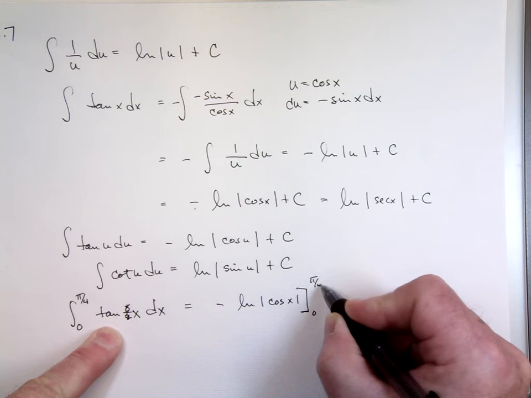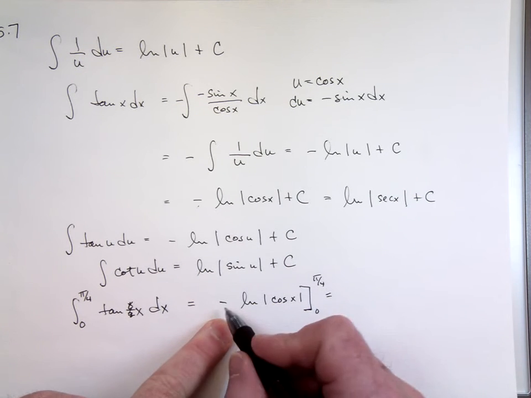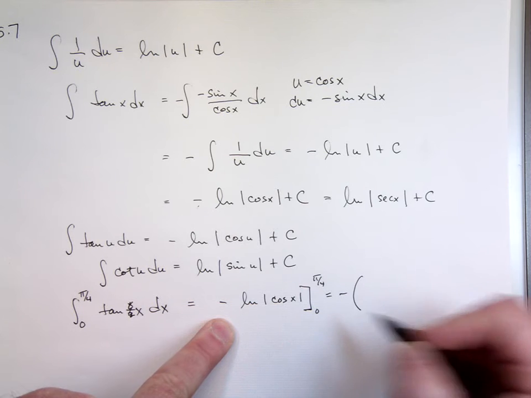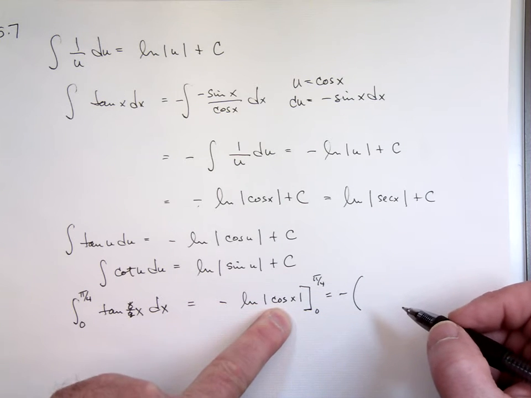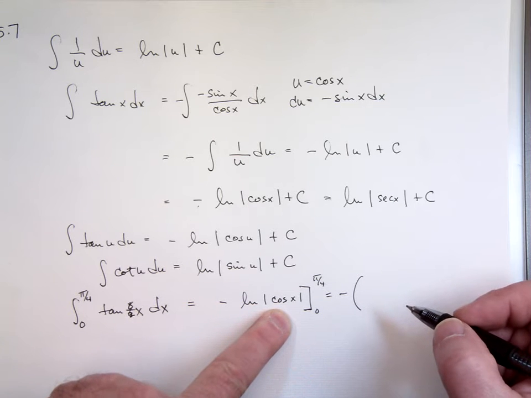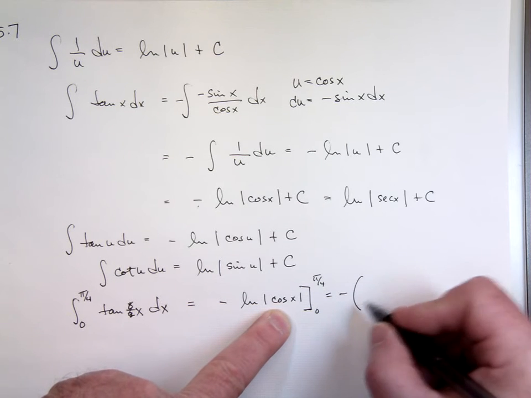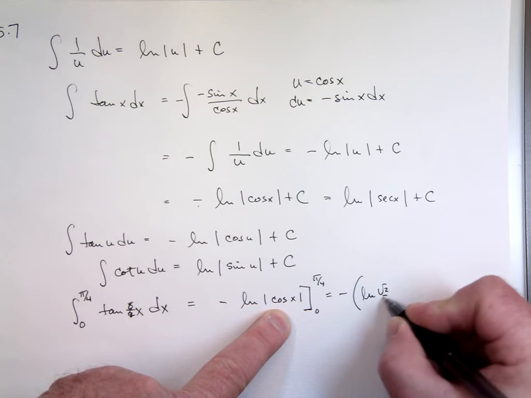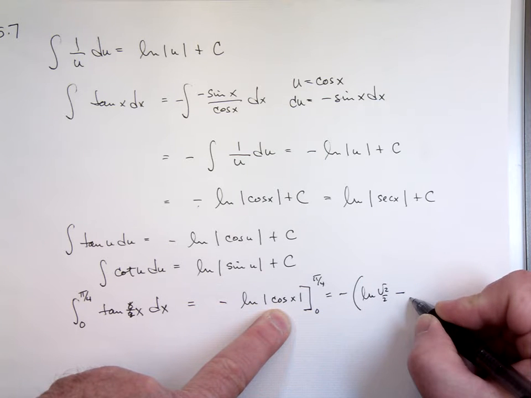This negative you can keep on the outside. Cosine of pi over 4. I would expect you to know that. Thank you. So you get the natural log square root of 2 over 2, minus cosine of 0, which is 1.